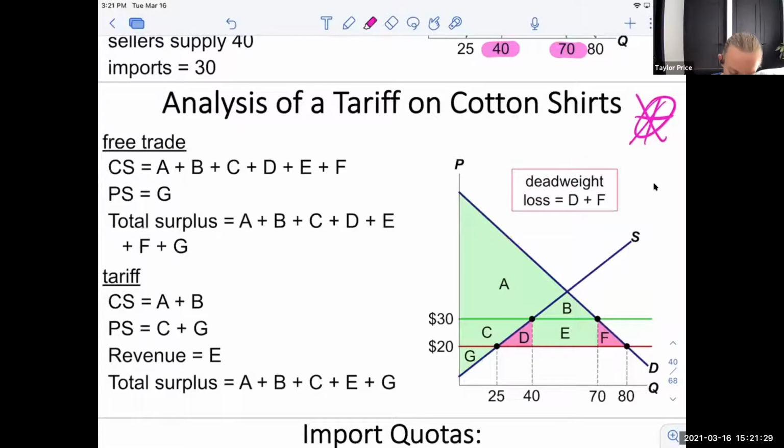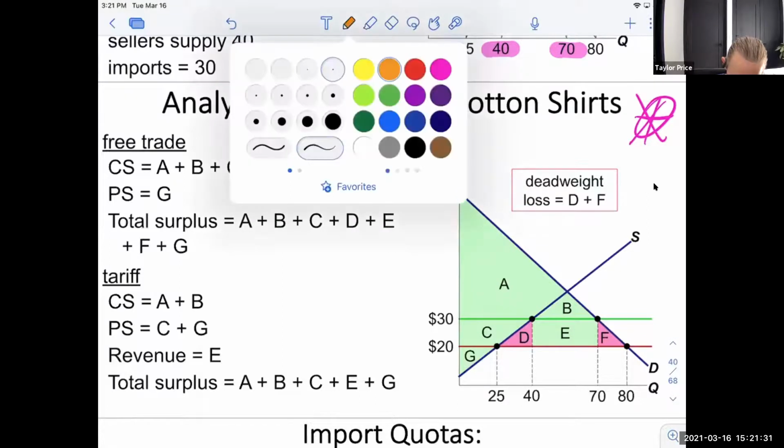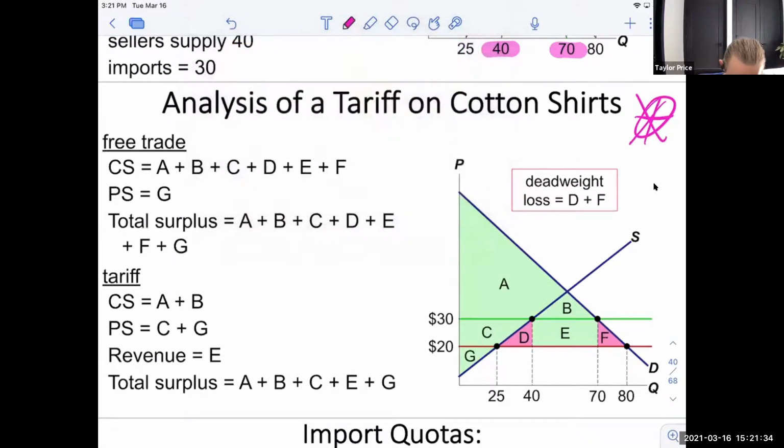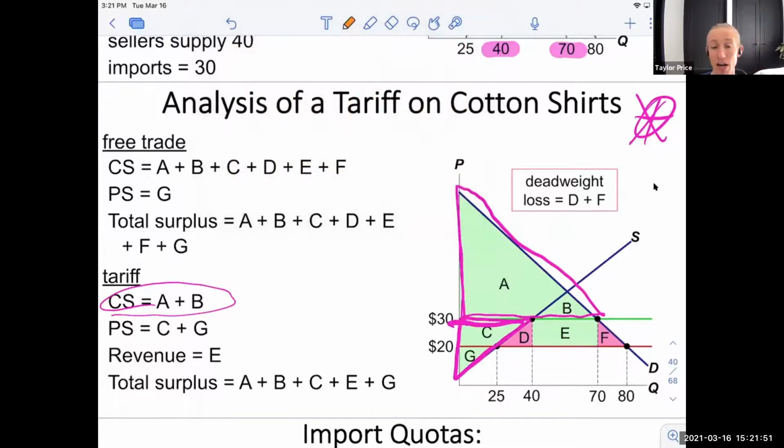In the example here, consumer surplus after the tariff is A and B. Producer surplus is going to be C and G. Government revenue, because remember, a tariff is basically just a tax, is going to be E. And finally, deadweight loss is going to be F and D.